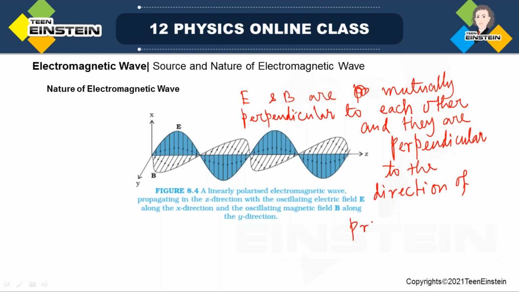The electric field E is oscillating along the x direction, B is oscillating along the y direction.